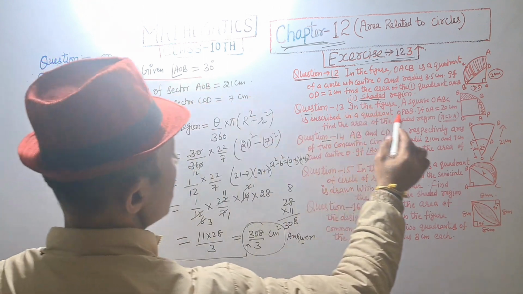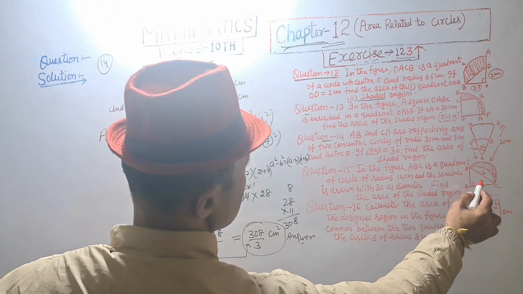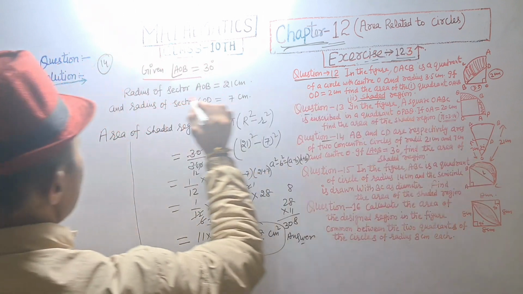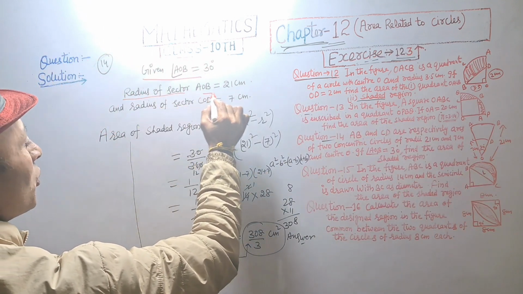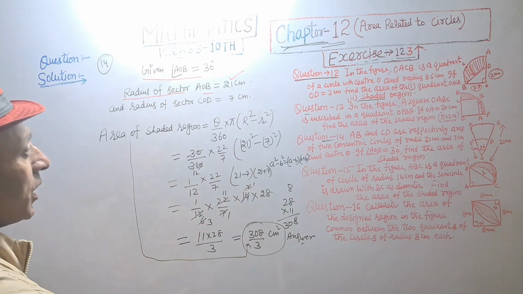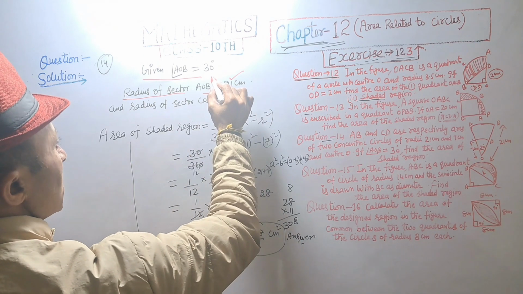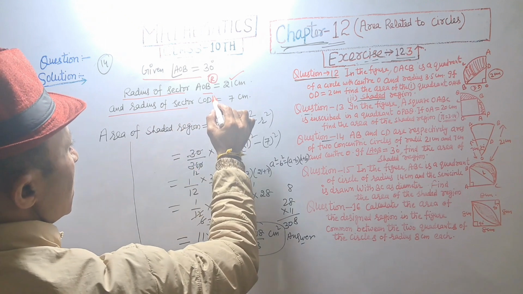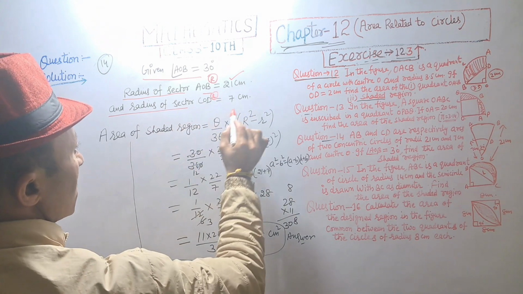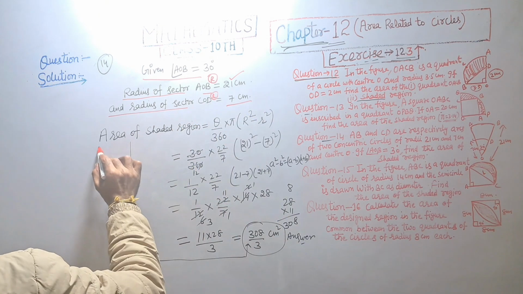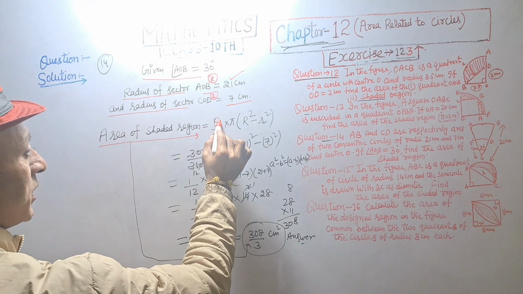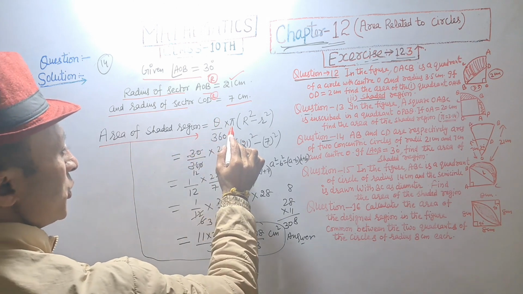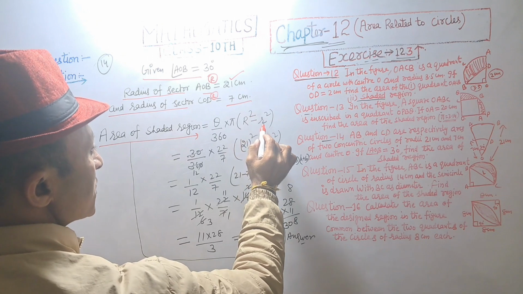Given angle AOB is 30 degree and radius of sector AOB is 21 centimeter, that is capital R, and radius of sector COD, that is small r, is 7 centimeter. Area of shaded region is angle theta upon 360 into pi, R square minus small r square.